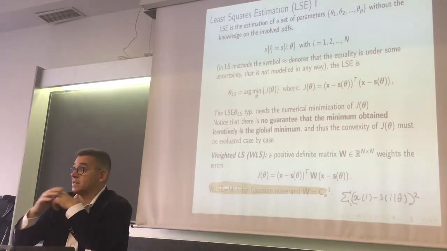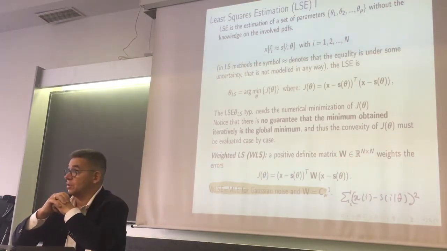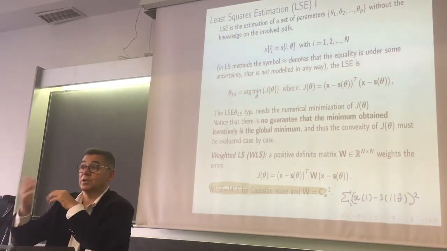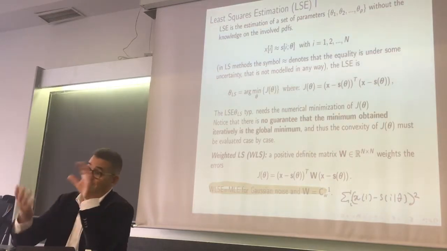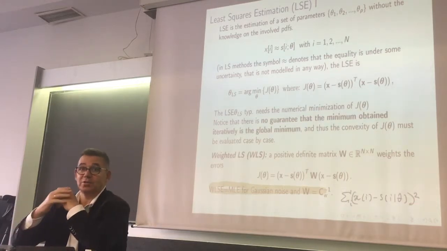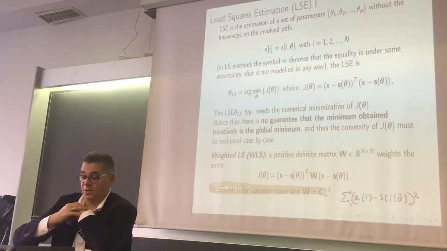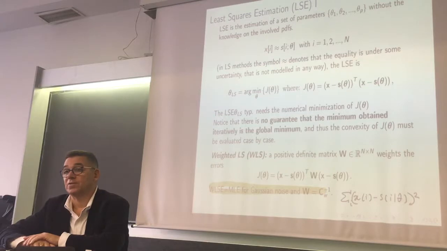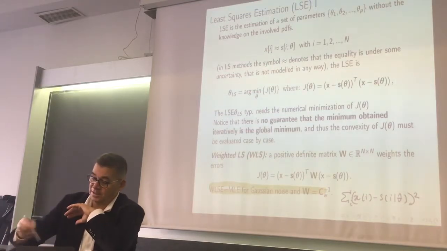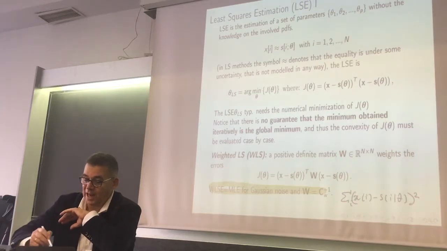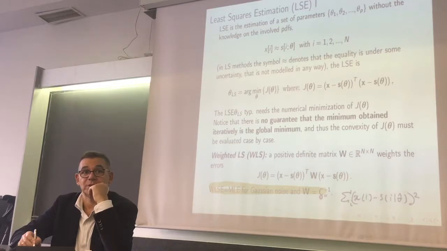You make some test of Gaussianity on the residual, which should be the noise. If that one is Gaussian, then you go back to the data and impose W, the weighting factor, to be the inverse of the covariance matrix that you get. This gives a lot of safety and relief when you apply the method, because you have a proof of optimality.